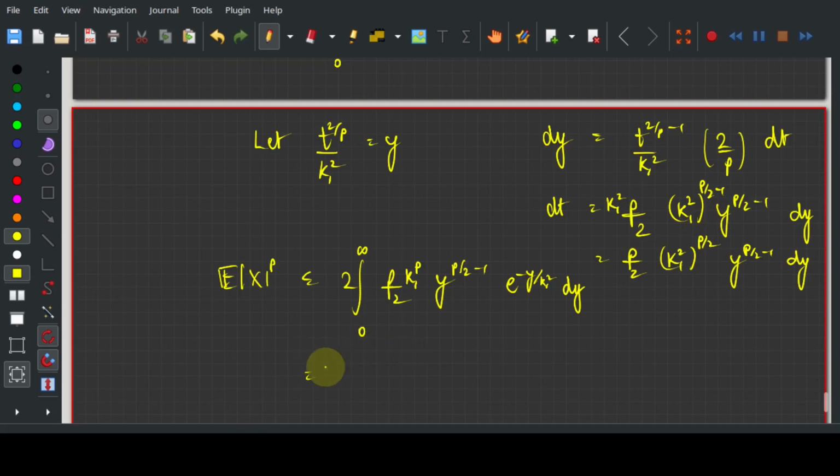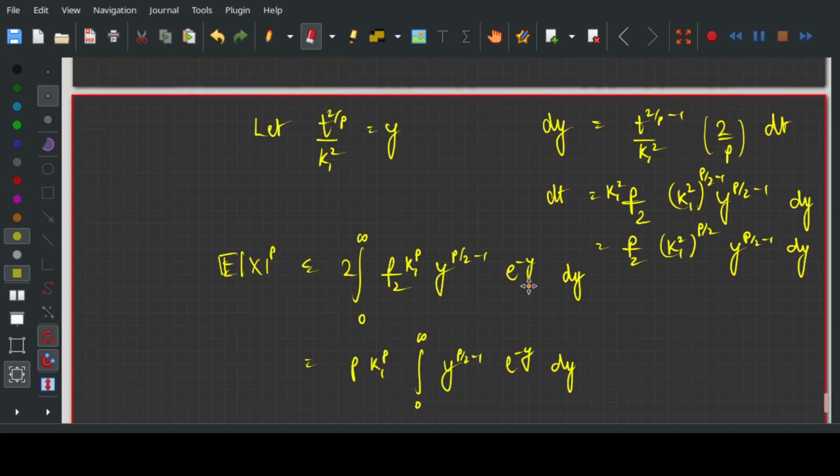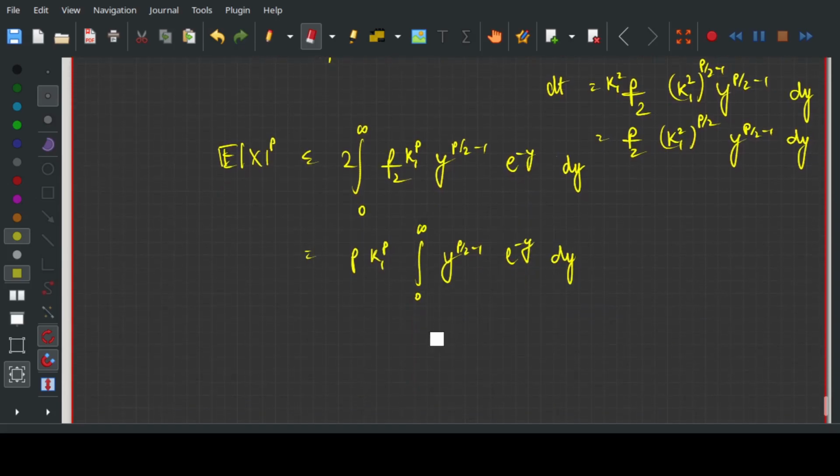Okay, so let me take all the constants outside. I have p times k1 to the p integral 0 to infinity y to the p by 2 minus 1 e to the minus y dy. Right? But have you seen this integral before? This is gamma p by 2.